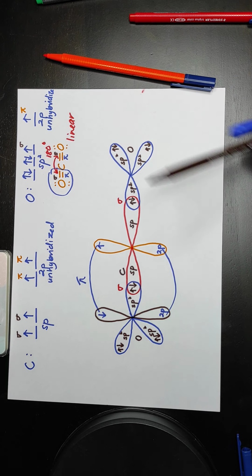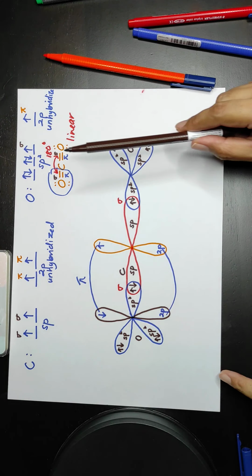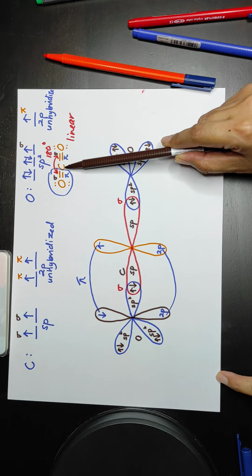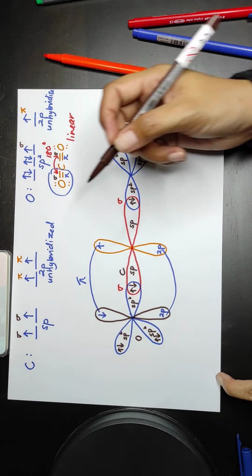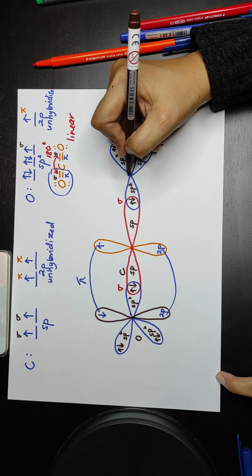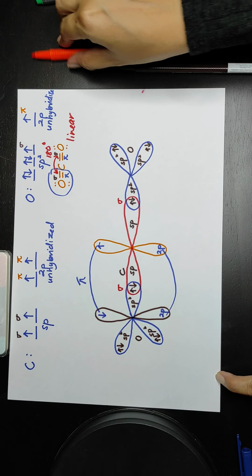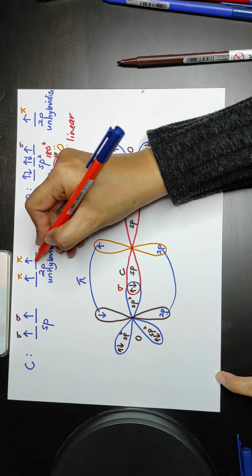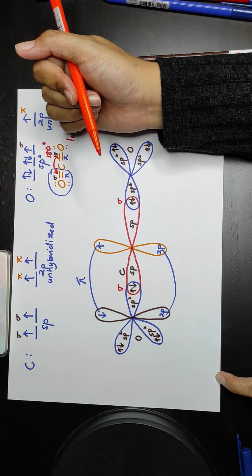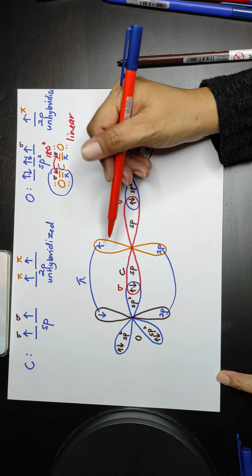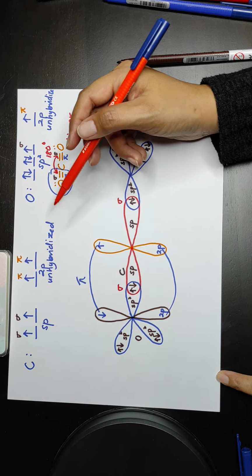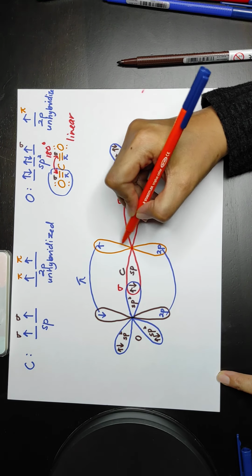Now we are going to show the formation of the pi bond between the right side of the carbon and oxygen atoms. Let's say this is the 2py, 2pz of carbon, and actually 2px, 2py, 2pz are perpendicular to each other.